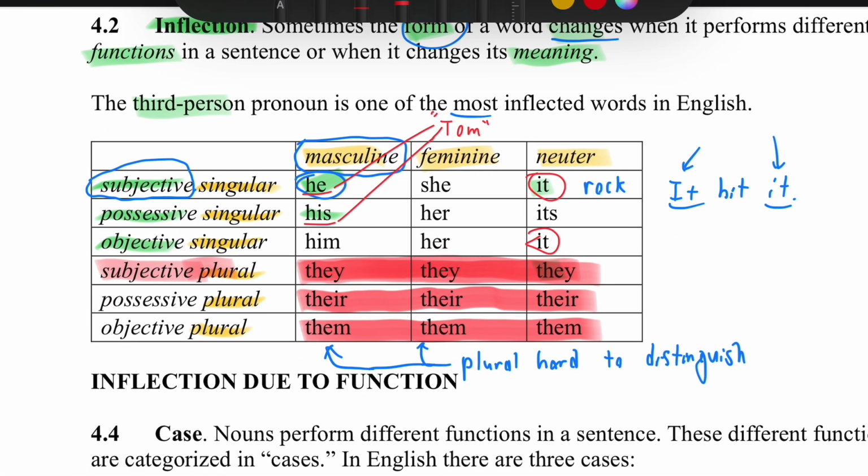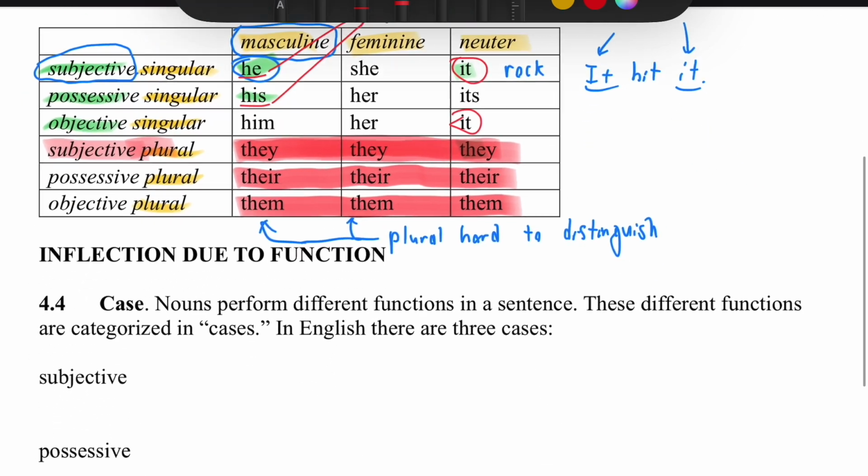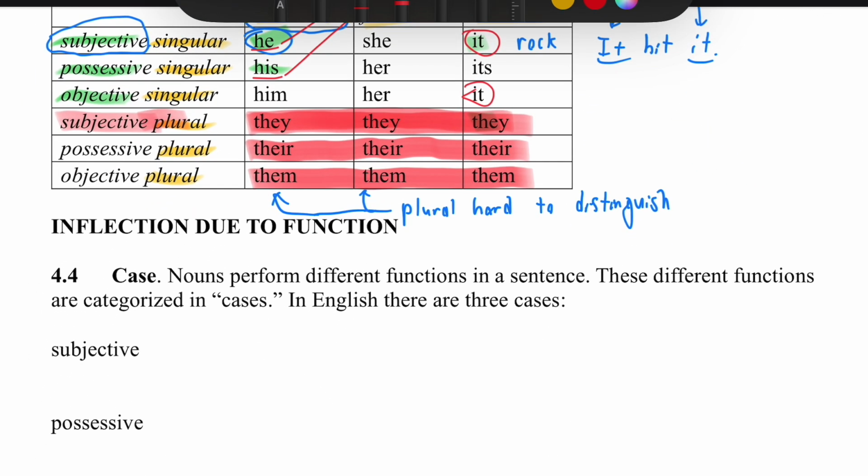Now, let's just talk briefly about inflection due to function. So in English, we have some case inflection that happens. These different functions in English nouns are referred to as cases. In English, there are three main cases. Those cases are the subjective case, the possessive case, and the objective case.